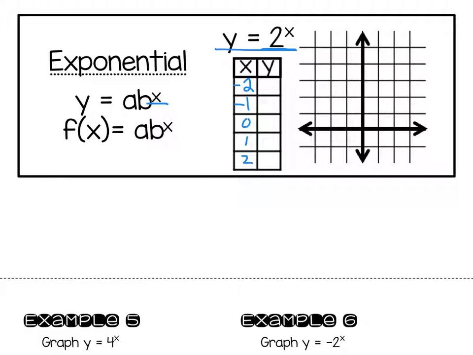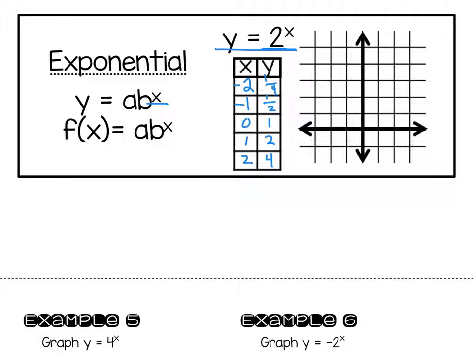So when we take 2 and raise it to the -2 power, we get y equals 1/4. When we take 2 and raise it to the -1, we get y equals 1/2. 2 raised to the 0, anything raised to the 0, is 1. 2 raised to the first power is 2, and 2 raised to the second power is 4.